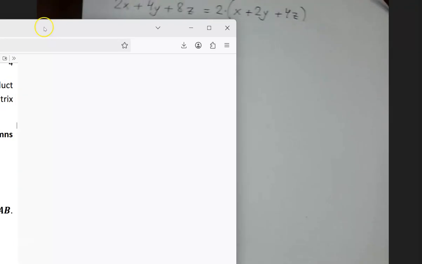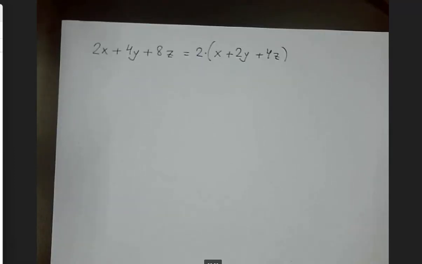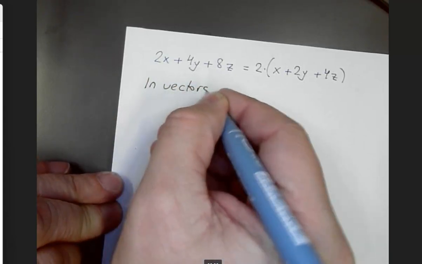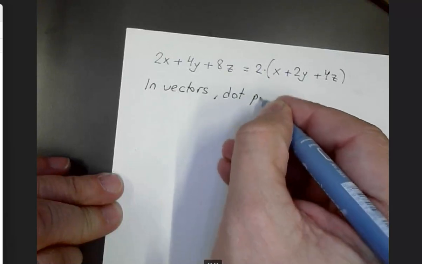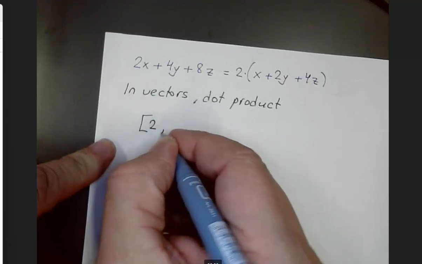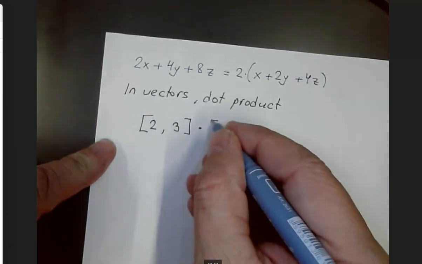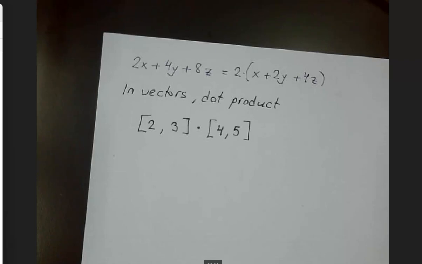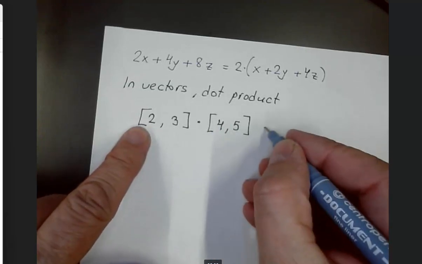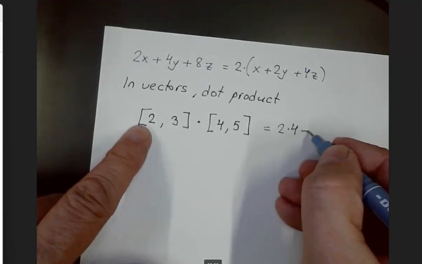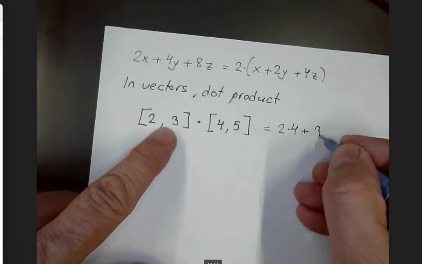If you remember from vector calculus, this dot product, if we had, for example, (2, 3) dot (4, 5), how did we calculate this? We took the first components and multiplied them, so that gives us 2 times 4, and then plus 3 times 5.